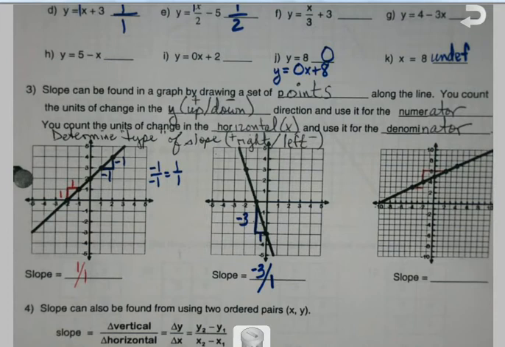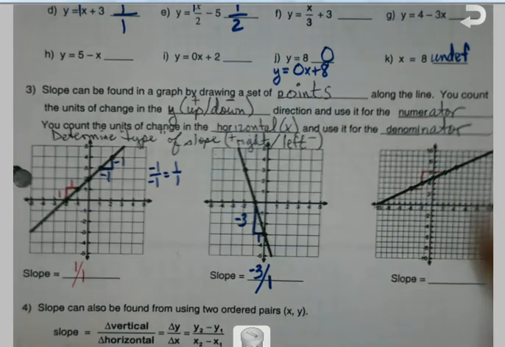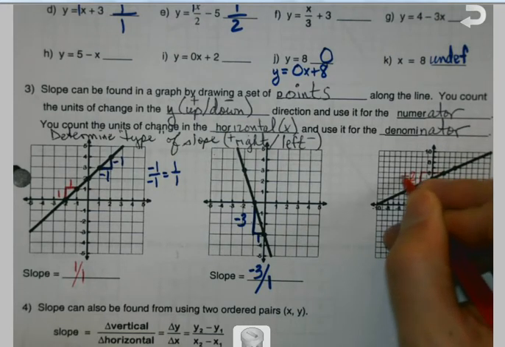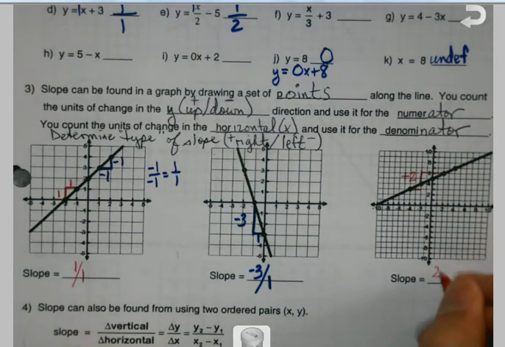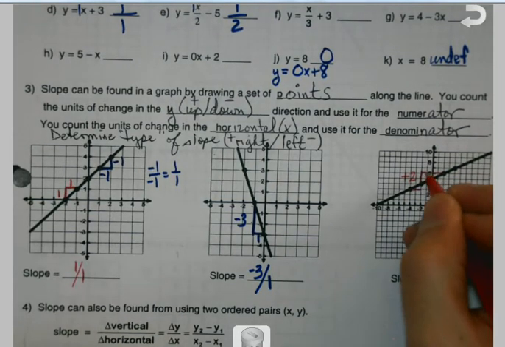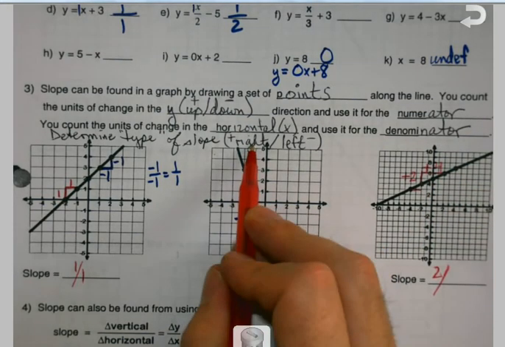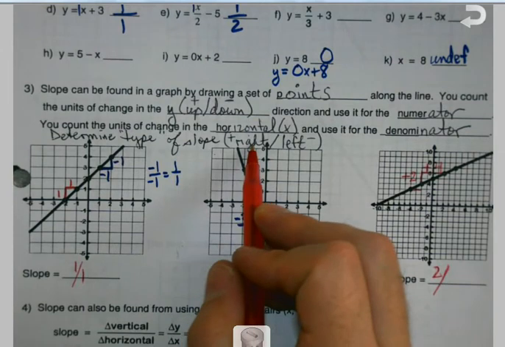As long as I do my up or down first and my left or right second, I'm good. So like here, because I'm going up and over, so I go up 2, which is positive. And I'm going right 1, 2, 3, 4. And when I go right, that's also positive. And I've got this to look back at if I'm not sure.